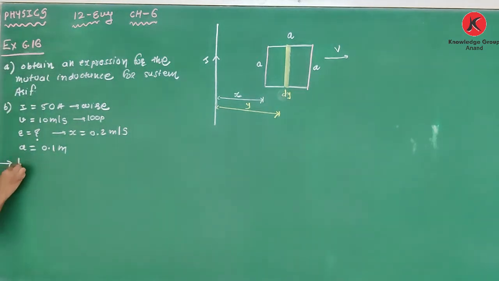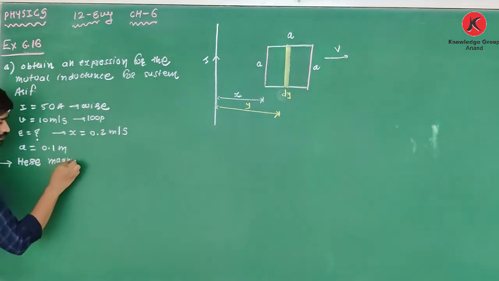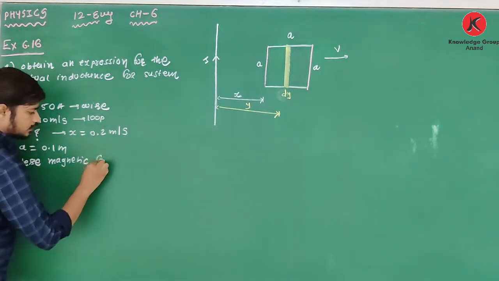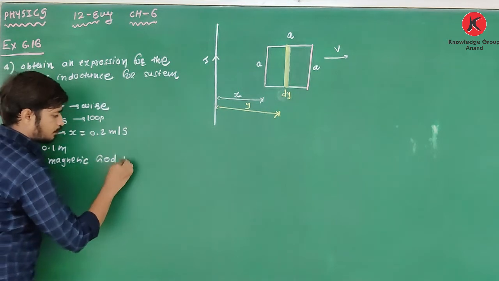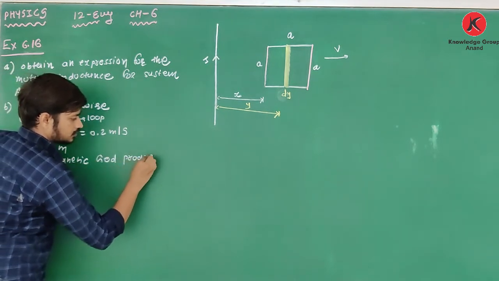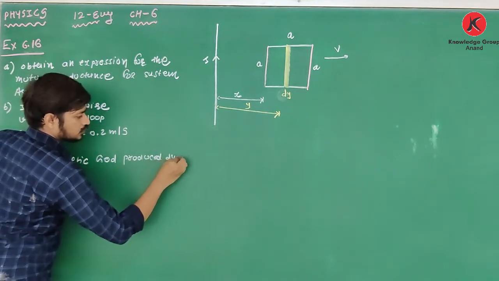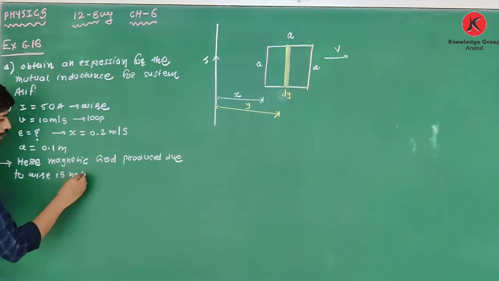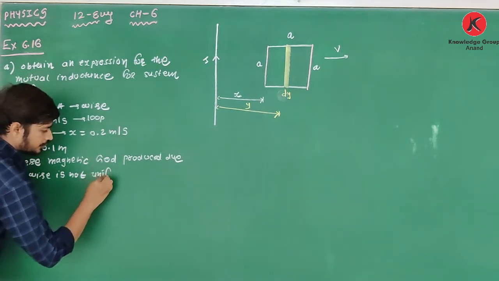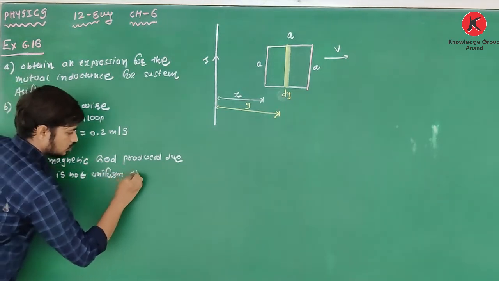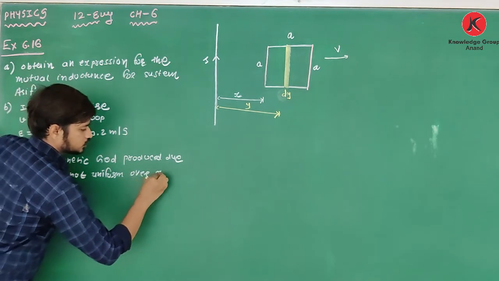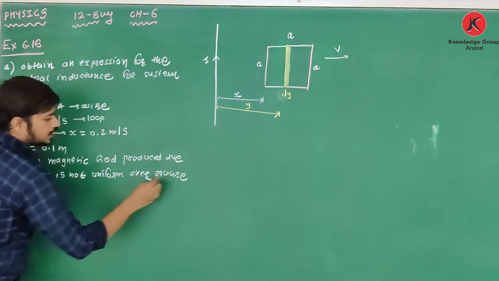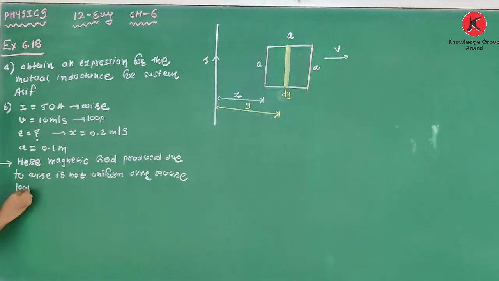Okay, see how to write here. The magnetic field produced due to the wire is not uniform over the square loop.